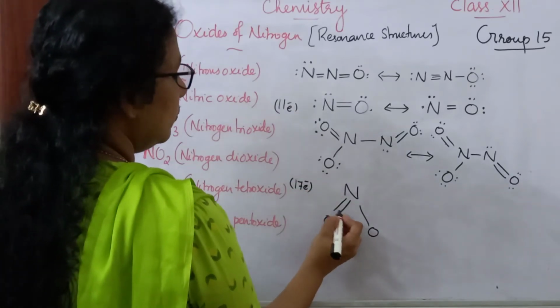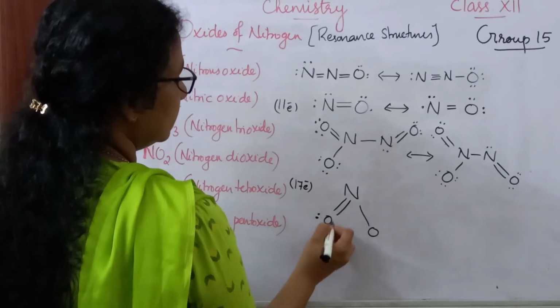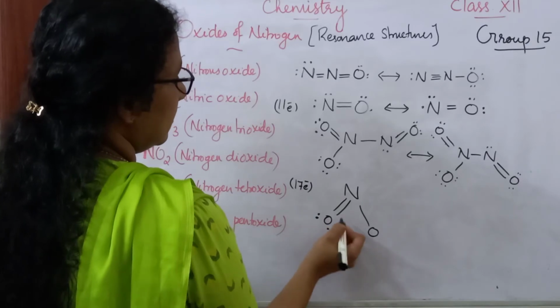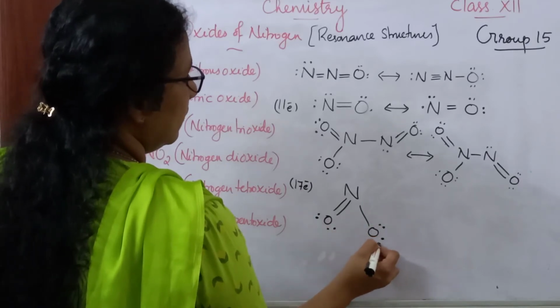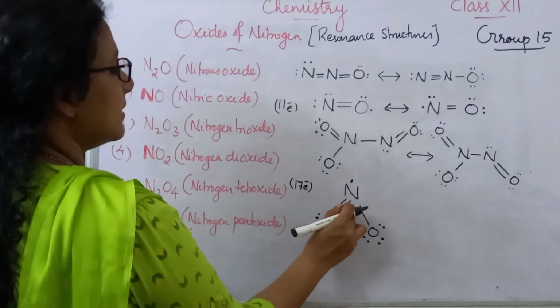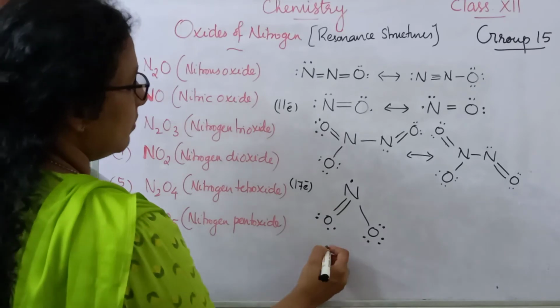So 2, 4, 6, 8, 10, 12, 14, 16, 17. So actually this is an odd electron species. NO2 is an odd electron species.